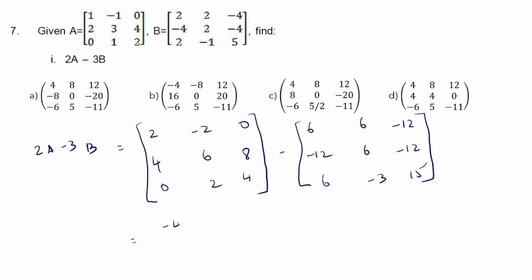So 2 minus 6 is minus 4, minus 2 minus 6 is minus 8, 0 minus of minus 12 is plus 12, 4 minus of minus 12 is 4 plus 12, 16, 6 minus 6, 0, 8 plus 12, 20, 0 minus 6 is minus 6, 2 minus of minus 3 is 2 plus 3, 5, and 4 minus 15 is minus 11. So the correct option is option B.